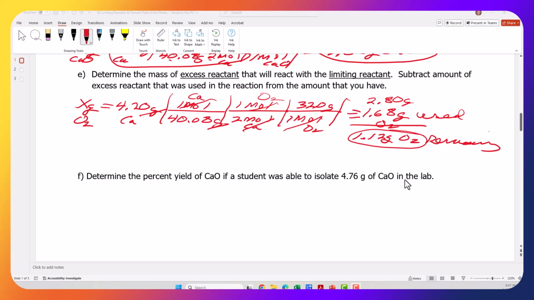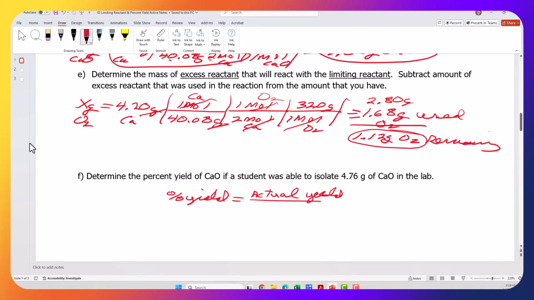No problem, because you want to remember that percent yield is simply what you get in the lab, which we call the actual yield, divided by the theoretical yield, and then multiplied by 100. We're just asking ourselves, how efficient is our reaction?